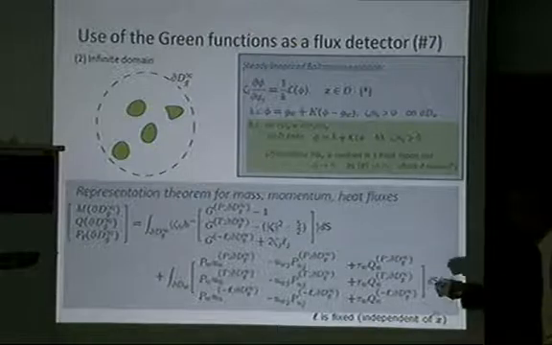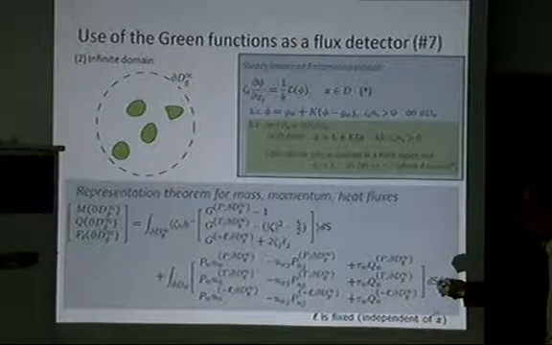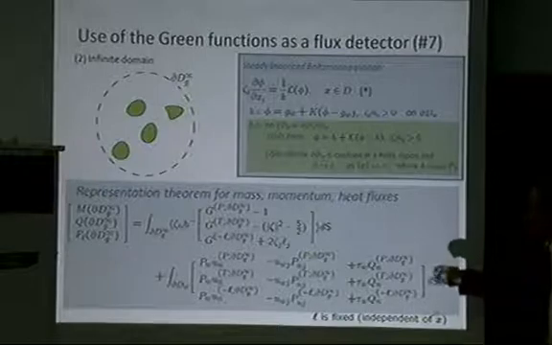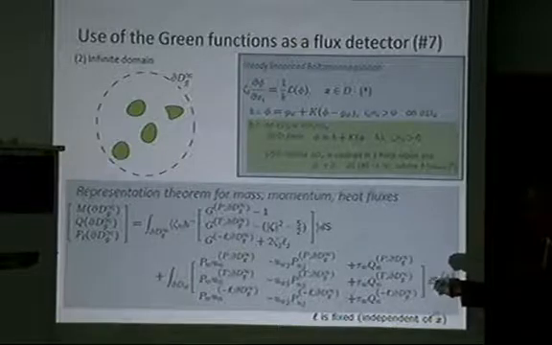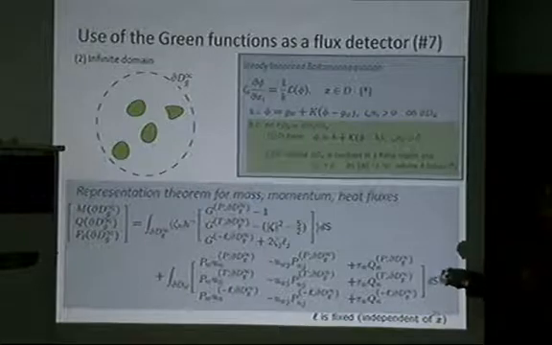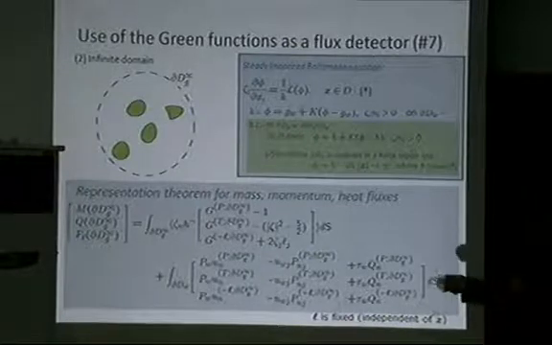By the way, what does this notation mean? This notation means the state at a far distance is the mass of 1. This means the temperature: only the temperature is different from the reference state at a far distance.